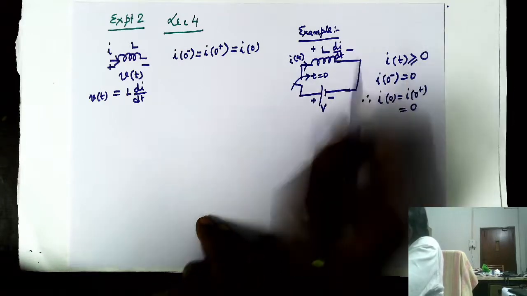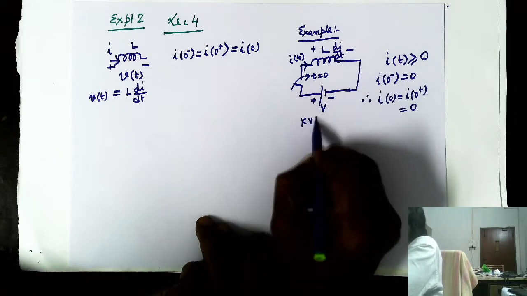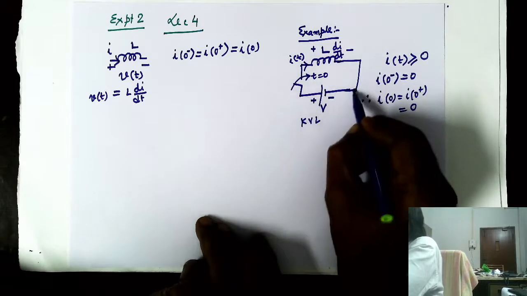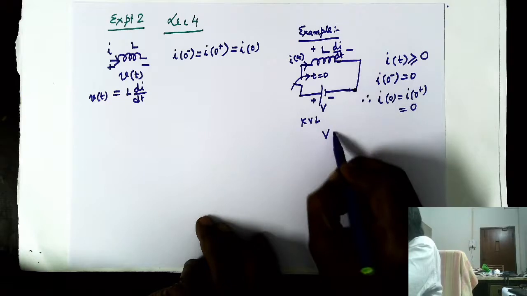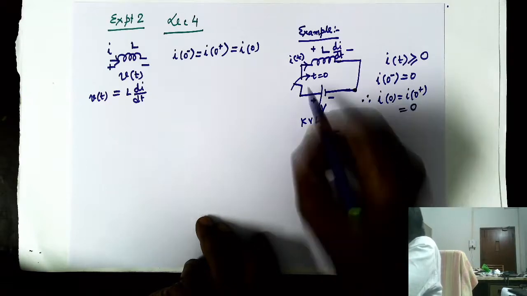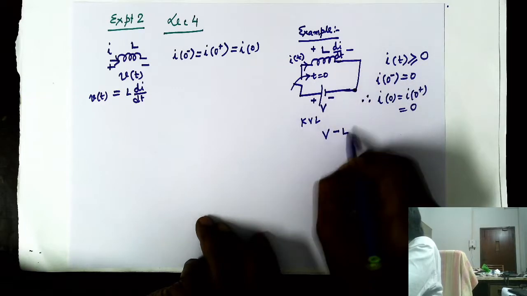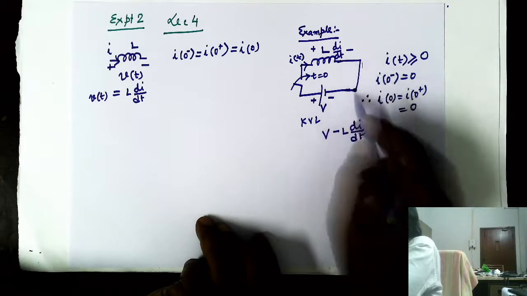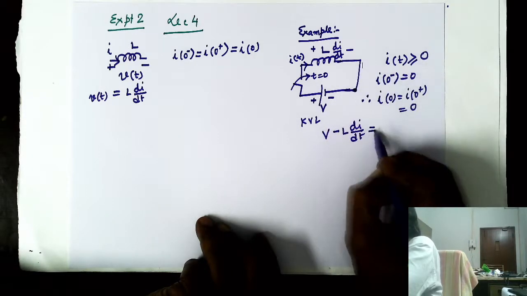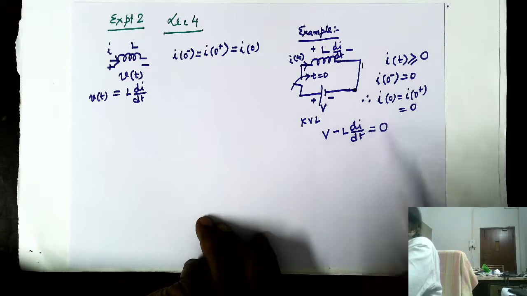Then I apply KVL. What is the KVL? Start from any point: voltage rise V, minus to plus, then plus to minus, so minus L di/dt, and you come back to the same point, and Kirchhoff's voltage law says that this must be 0.